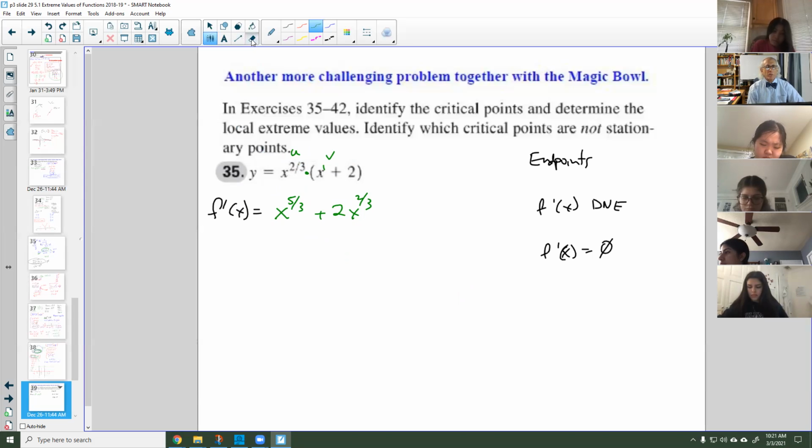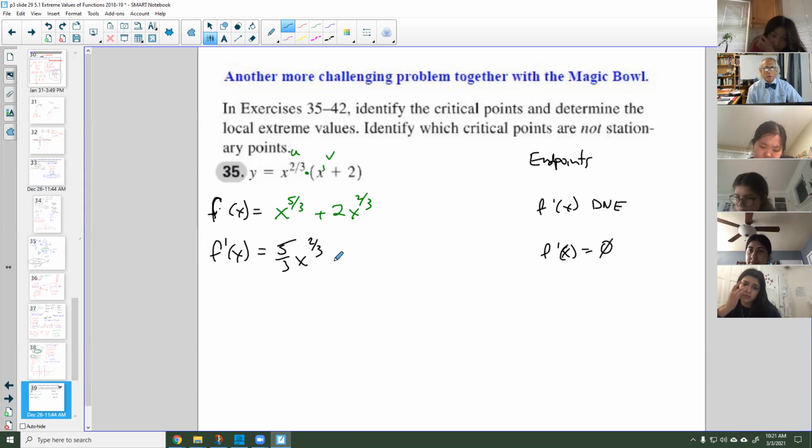That's not f prime of x, that's just f of x. I'm not finding the derivative yet. I'm changing f of x to be that. So now I don't have to use the product rule. Now I can go f prime of x is equal to 5/3 x to the 2/3, plus 4/3 x to the negative 1/3.